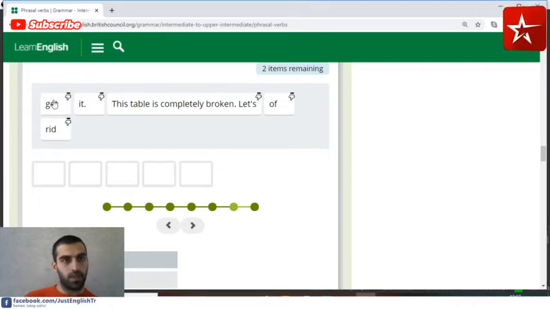Gap 8. This table is completely broken. Let's read. So, what should we do here? I'm waiting for your answers.